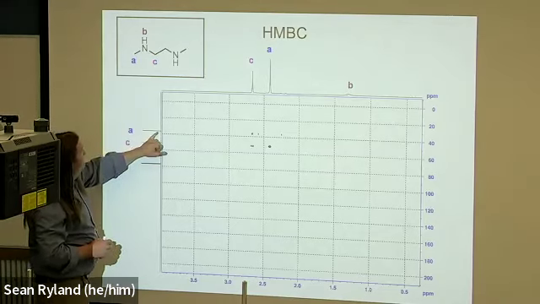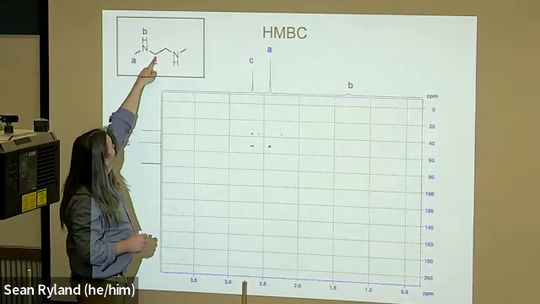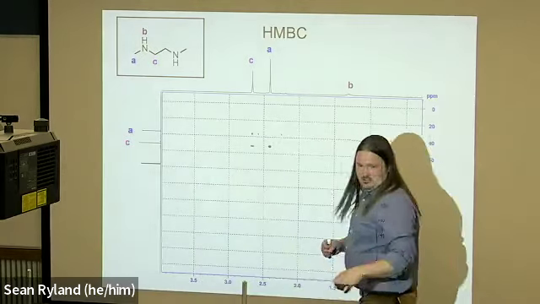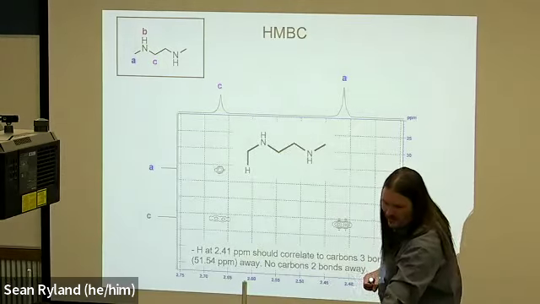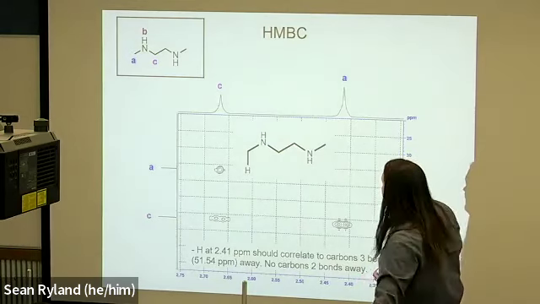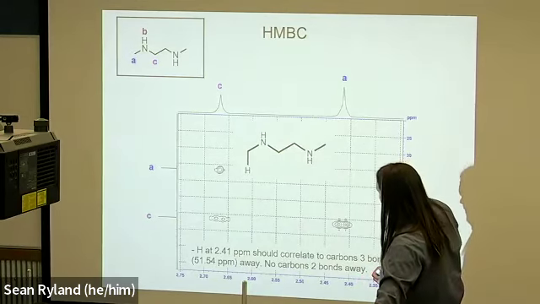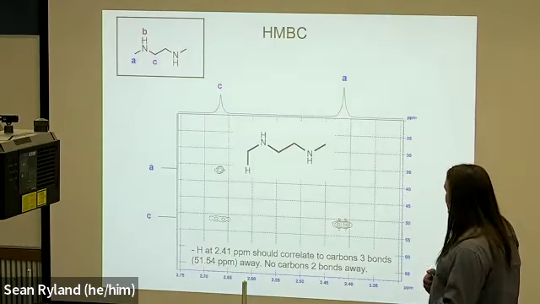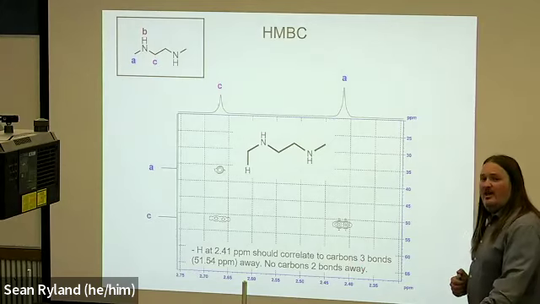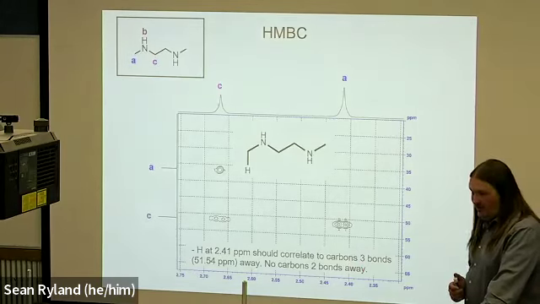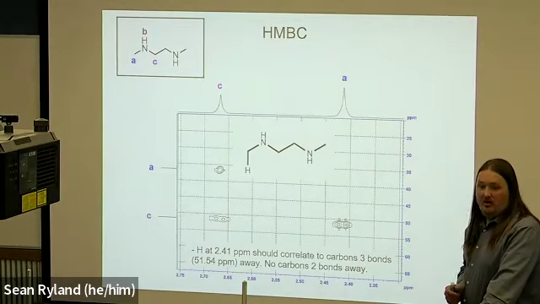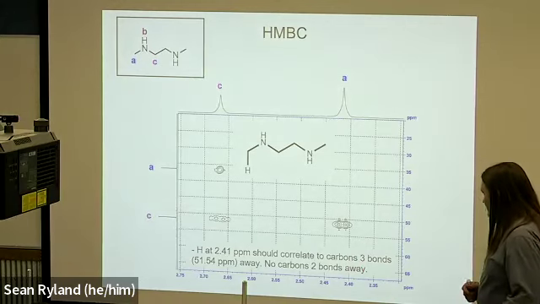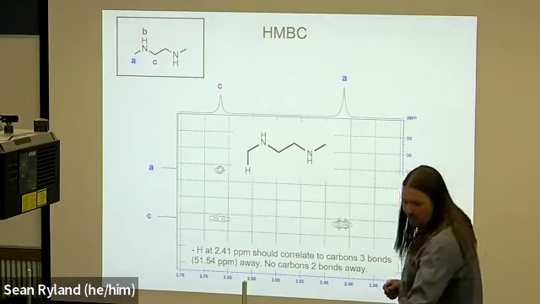So A is correlated to C. And then there's just some random noise going on. So this is with it drawn out in more detail. There are no carbons 2 bonds away. That's the other trick though, is you can't tell the difference between a carbon that's 2 bonds away versus 3 bonds away. They'll both show up as a signal. So we don't have a way to figure that out.